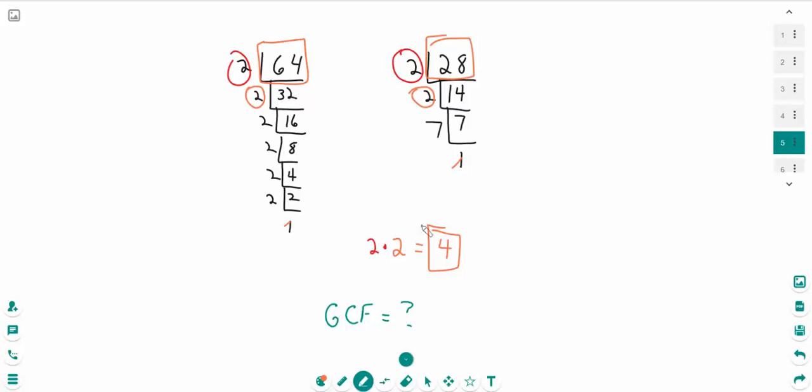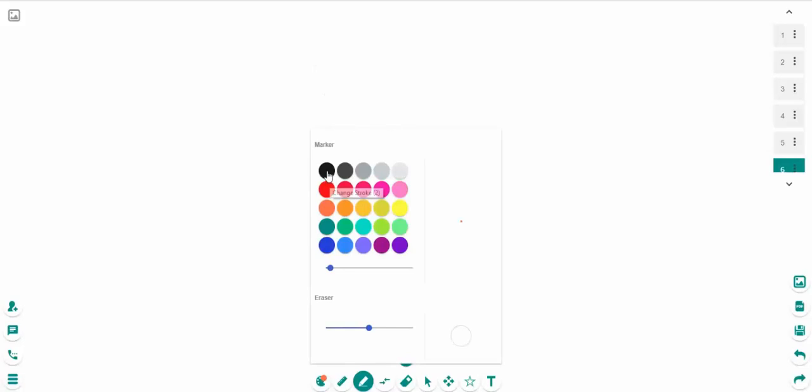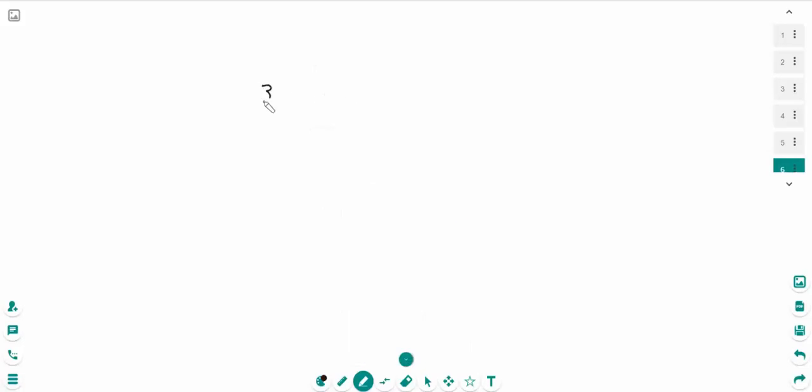Okay? Great. Now let's take what we've reviewed here and apply it towards more of an algebraic expression. So let's say that I have an algebraic expression such as 3x squared y, and my other term is going to be 12 x to the 4th y to the 3rd.